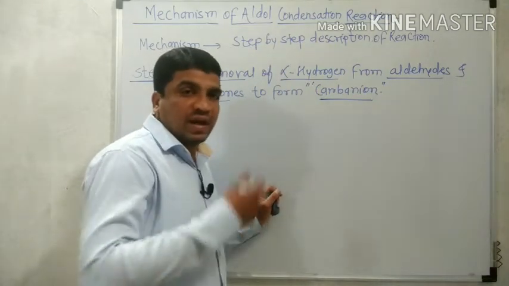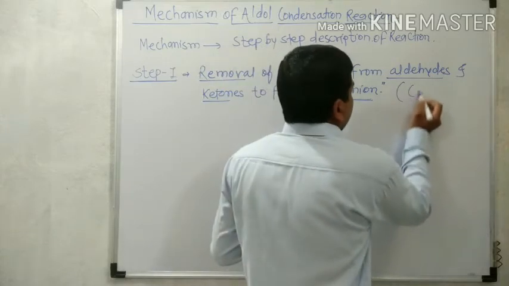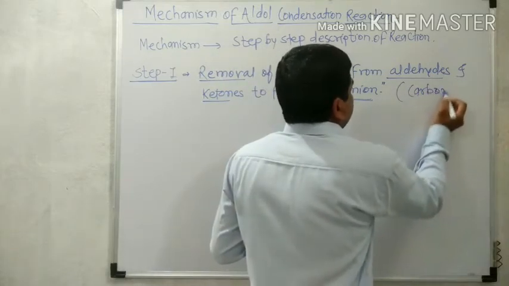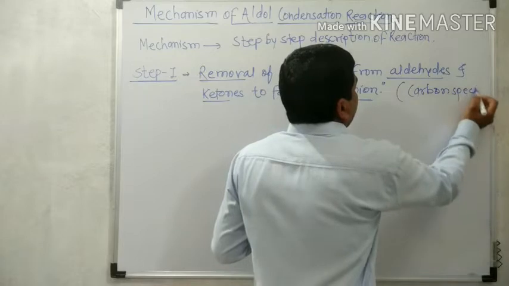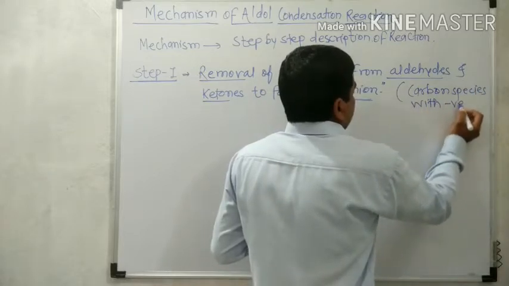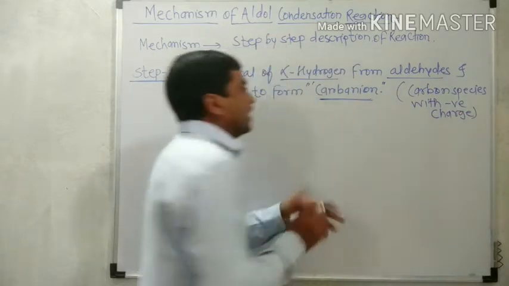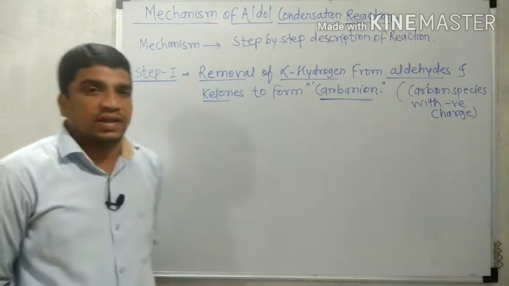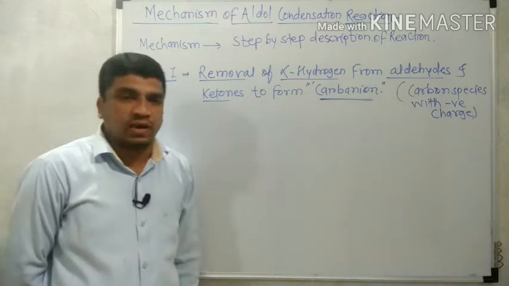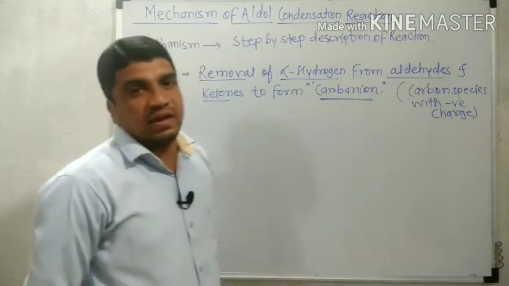So what is meant by carbanion? A carbon species that contains a negative charge is called a carbanion. Those species of carbon that contain negative charge are called carbanions.